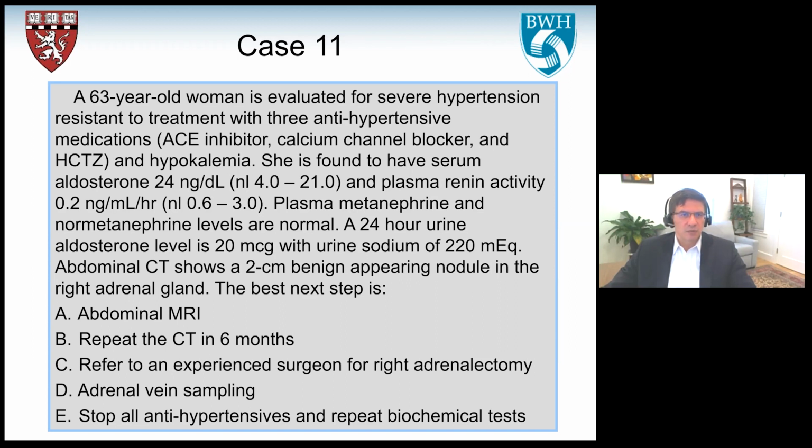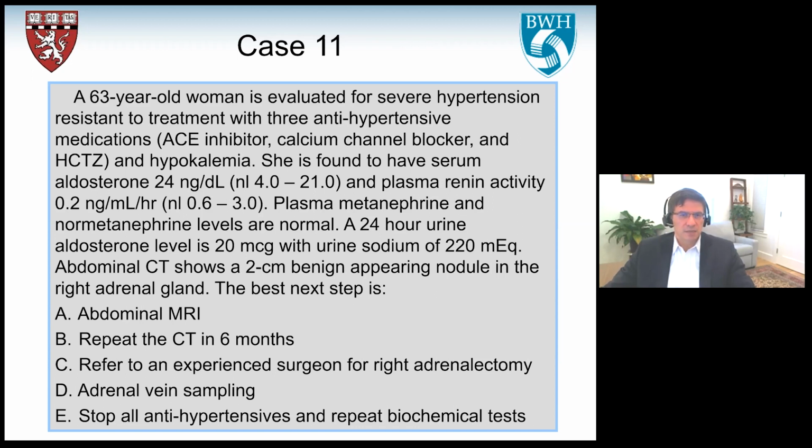Plasma metanephrine and normetanephrine levels are normal. A 24-hour urine aldosterone level is 20 micrograms with urine sodium of 220 milliequivalents. Abdominal CT shows a 2 centimeter benign-appearing nodule in the right adrenal gland.